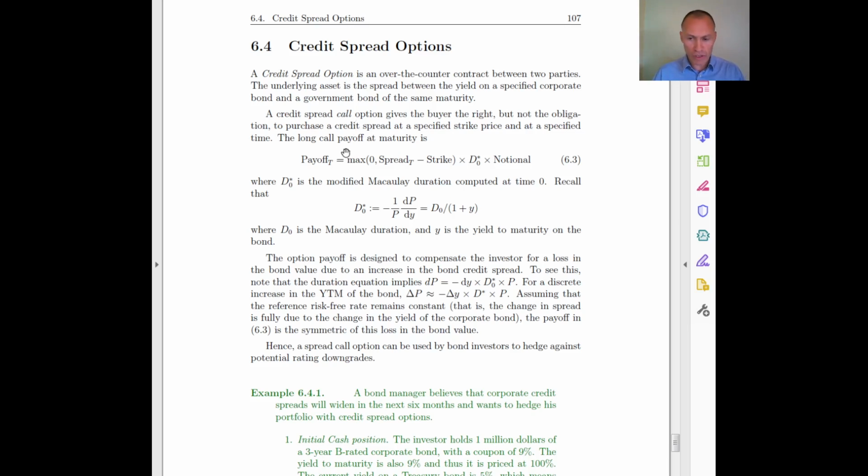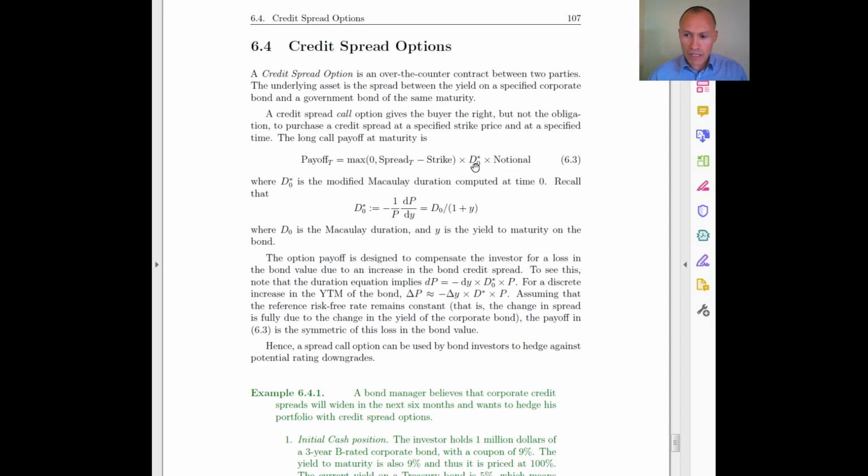This is for a call option. The usual expression where you have the maximum between 0 and something being the value of the spread at the exercise date and the strike spread, if you will. So the value of the spread that is fixed and is defined as the strike of this option.